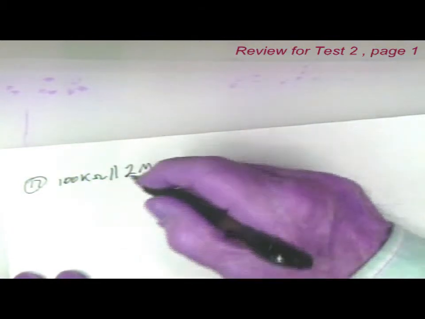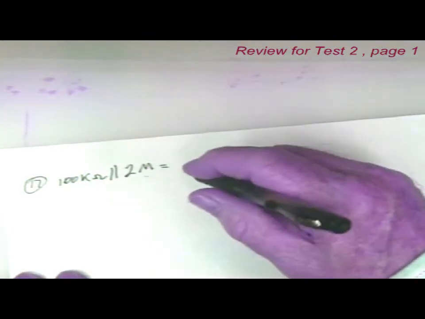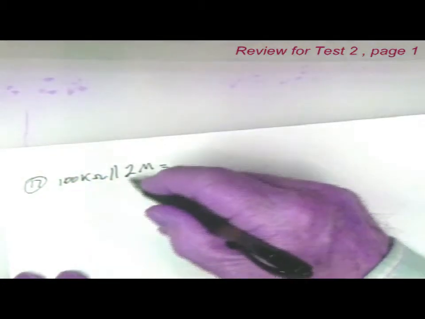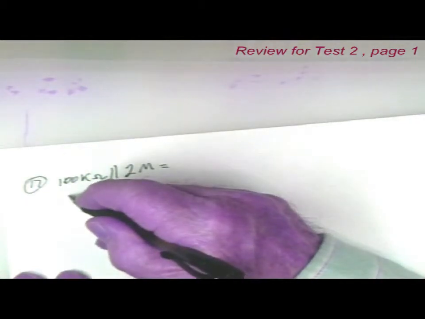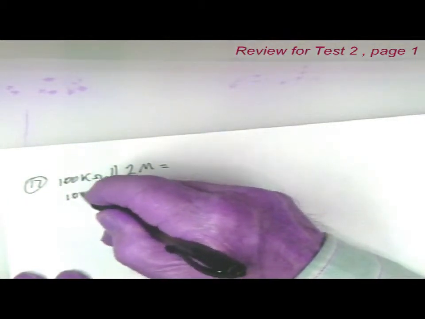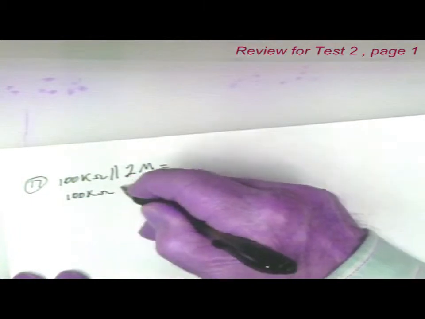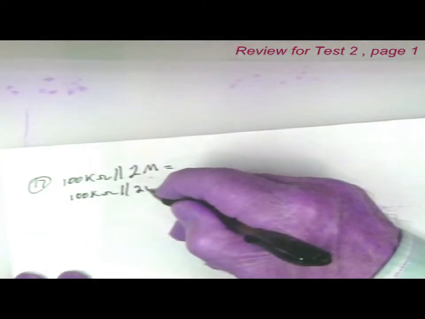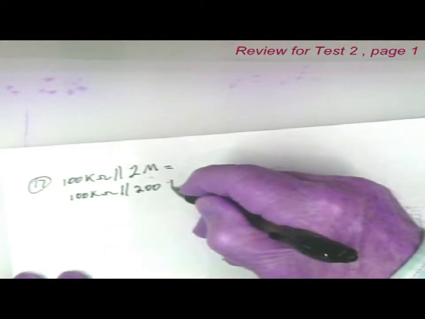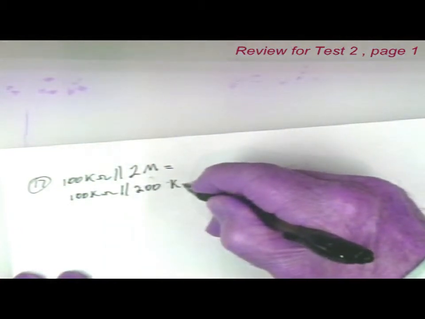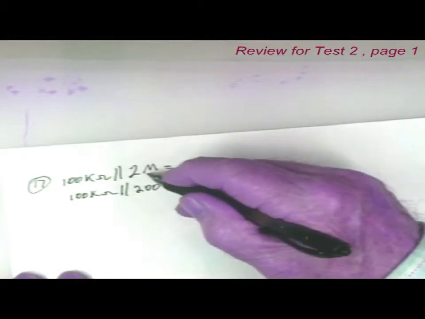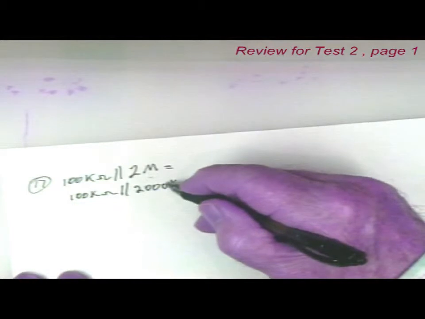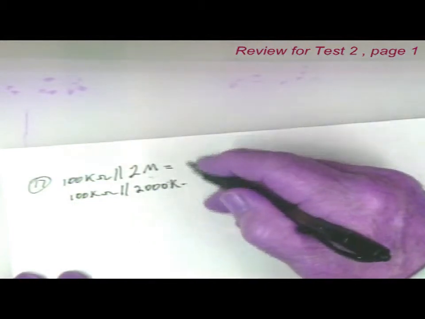And here's what we're going to write down. We'll do this 2 ways. We can start off by saying that we have a 100 K ohm resistor, and it's in parallel with what? 2000 K resistor. Does that make sense? Okay, here's how we figured that out.